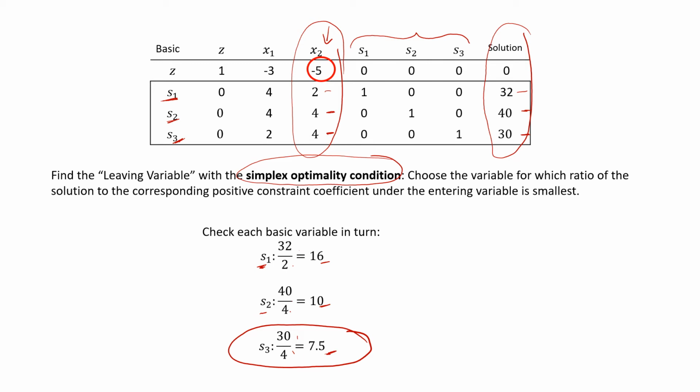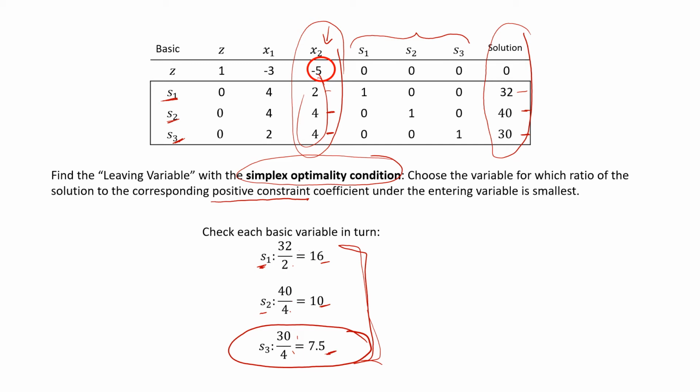Now keep in mind one thing to note here, which doesn't happen in this exact example. Positive constraint: if one of these numbers is negative, you ignore it. You only look at positive numbers. You take the smallest positive one.